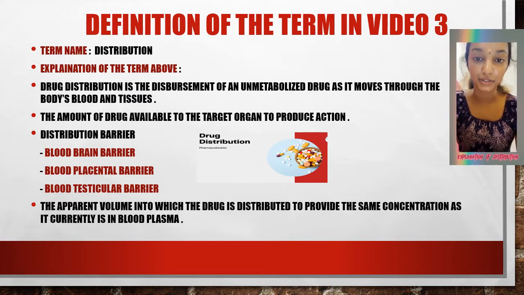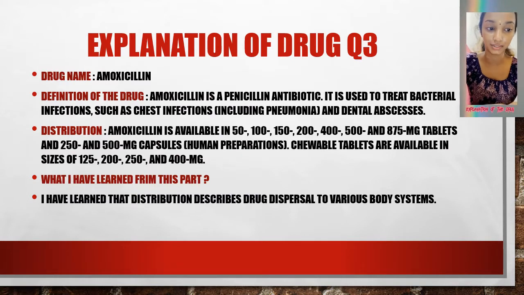For the distribution barrier, there are three types, which are the blood-brain barrier, blood-placental barrier, and blood-testicular barrier. The apparent volume into which the drug is distributed provides the same concentration as it currently is in blood plasma. So, explanation of the drug for distribution.